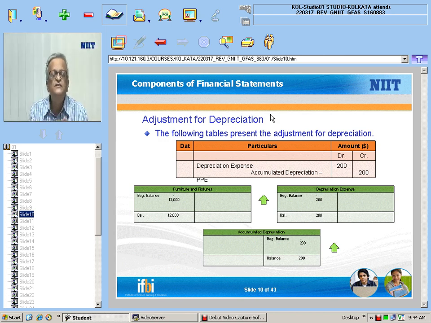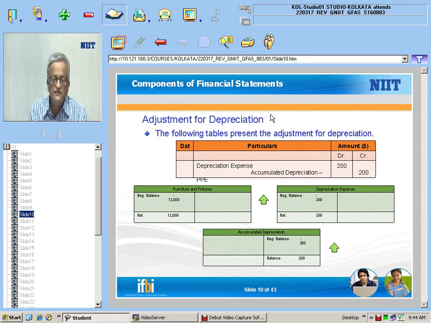Accumulated depreciation means the depreciation which is charged for the particular asset over a period of time. Say first year depreciation is 200 rupees, second year depreciation is 300 rupees, fourth year depreciation is 500 rupees. When all the total is made, then this total depreciation is called accumulated depreciation. Accumulated depreciation appears in the asset side.